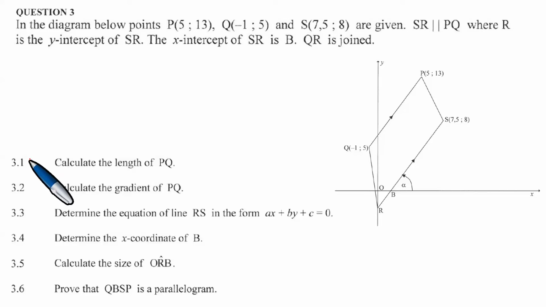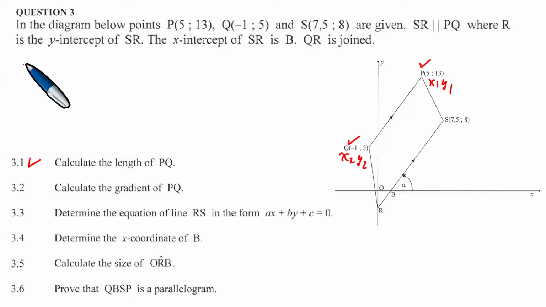We're interested in finding the length of PQ. P is clearly there and Q is there. Now, this is x1, y1, and that is x2, y2. If the examiner describes it as PQ, the examiner is taking into account the movement from the point P to the point Q along the line.